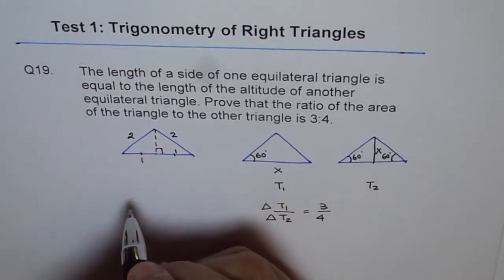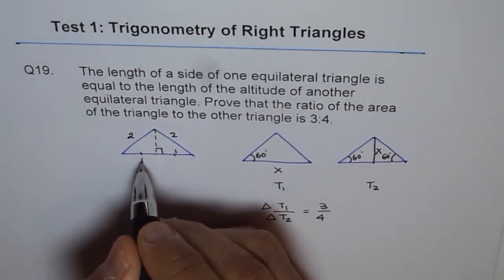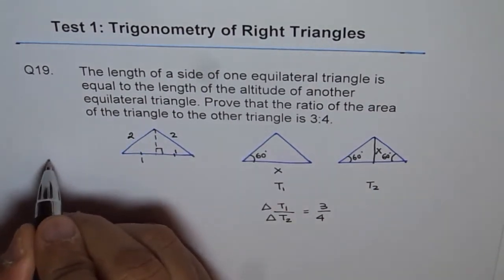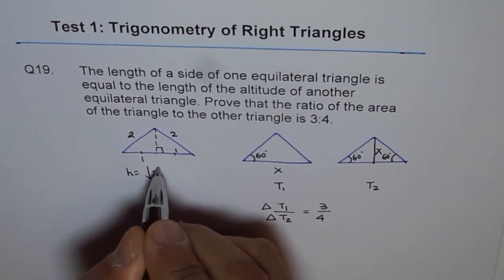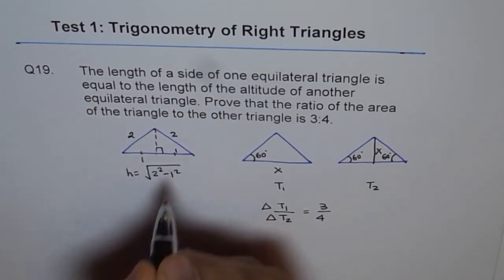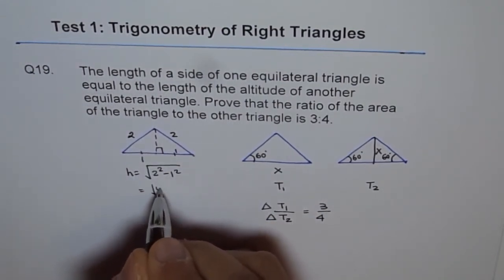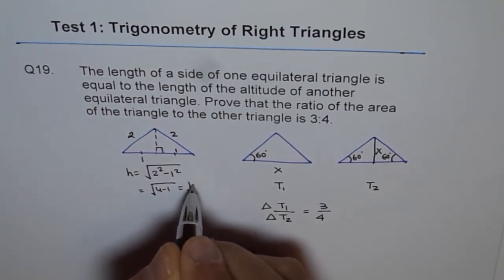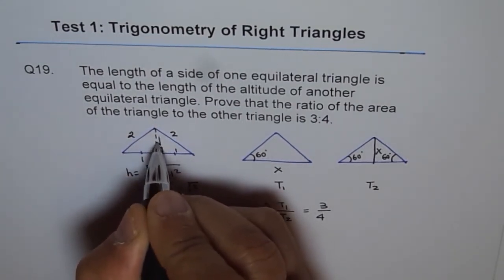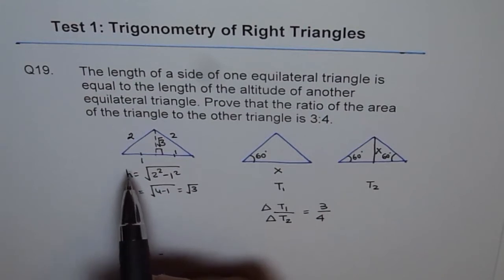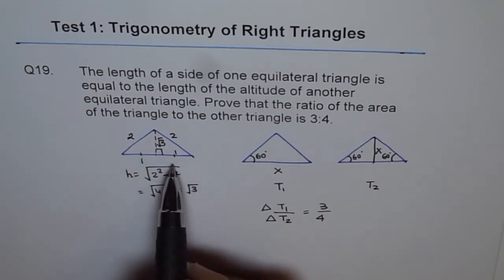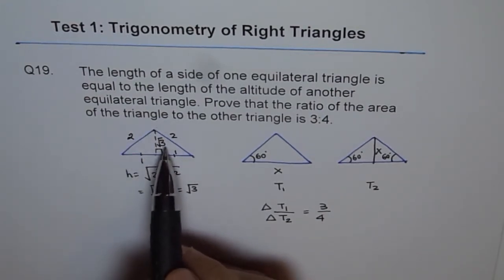What is going to be the height? Height will be the square root of 2 squared minus 1 squared, which is 4 minus 1, which is square root of 3. So the height is actually square root of 3. So in any equilateral triangle, whatever is the side length, the height is square root 3 over 2 times it.